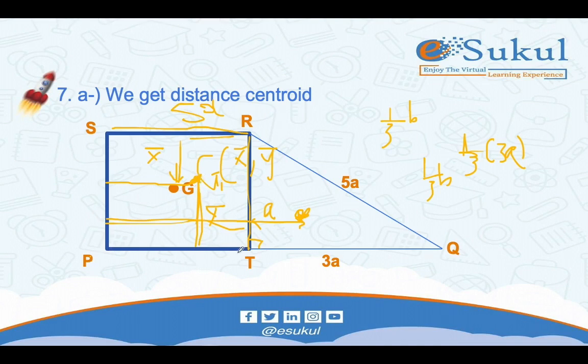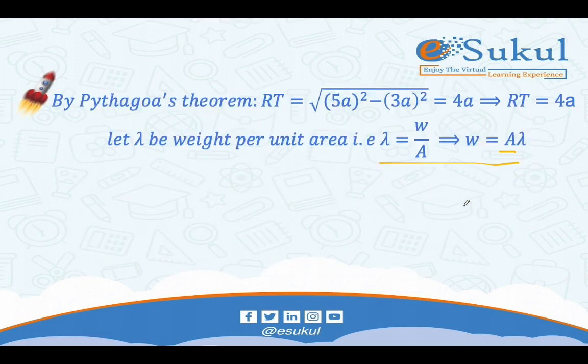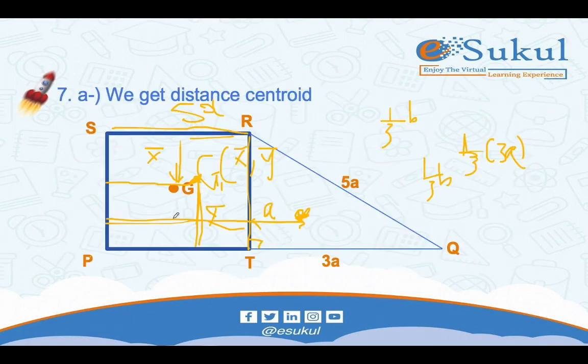That's dividing the length from P to T. So we have 5A on 2, which gives us 2A.